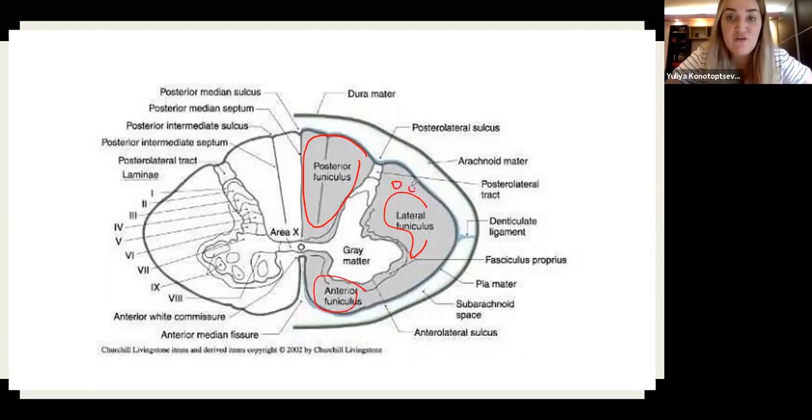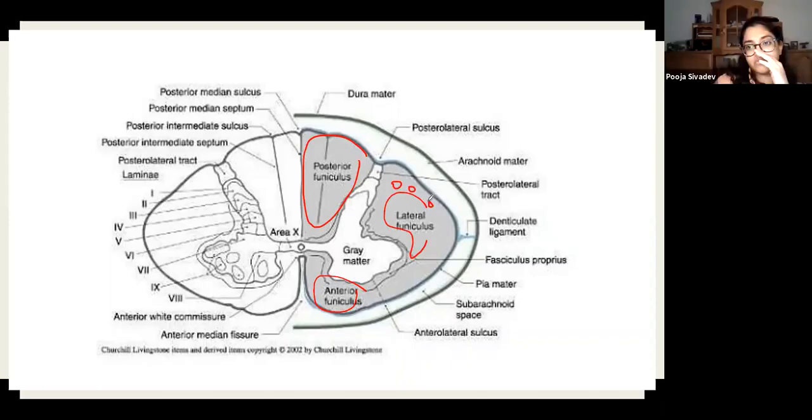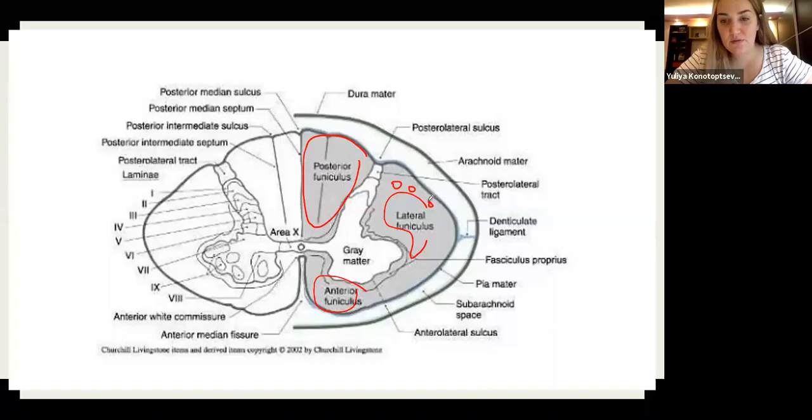What is another name for tract? Fasciculus. So funiculi consist of fasciculi. That's for the exam. Funiculi consist of tracts, the same thing.